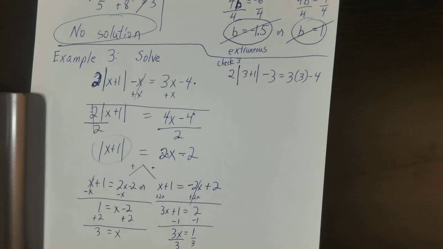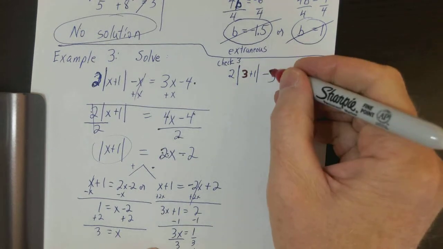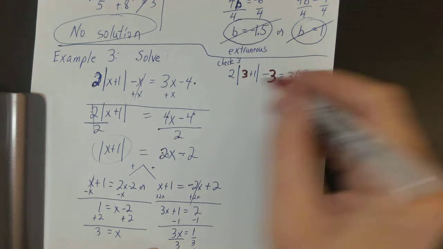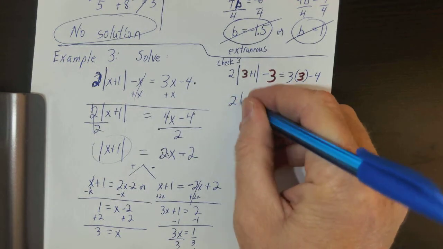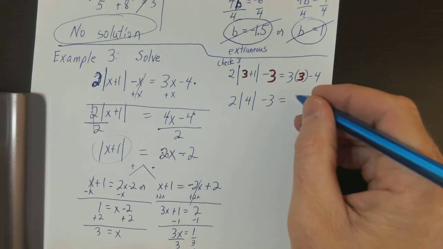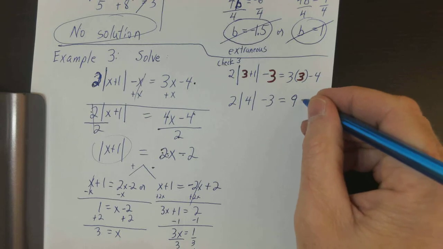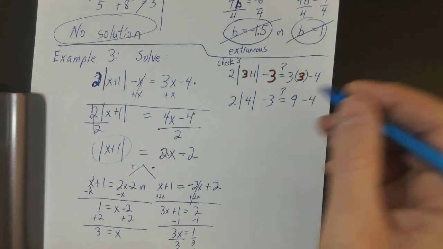Everywhere there was an x, I'll highlight it in red here, I put a 3 everywhere in this original equation. So 2 times the absolute value of 3 plus 1 minus 3. Does that equal? 3 times 3 is 9 minus 4. Put a question mark over that because I'm not sure yet.